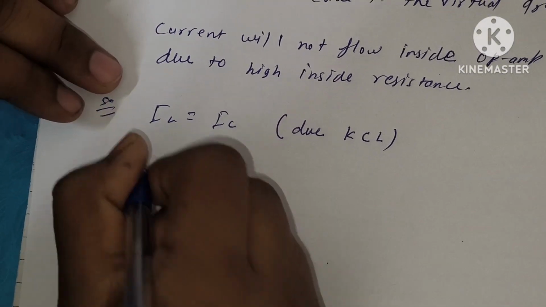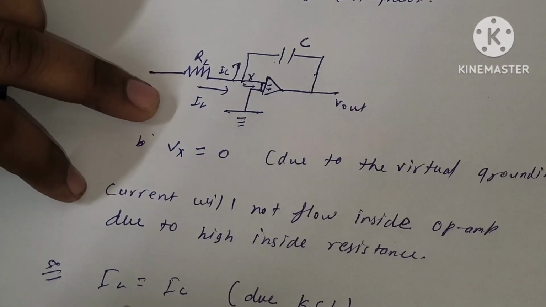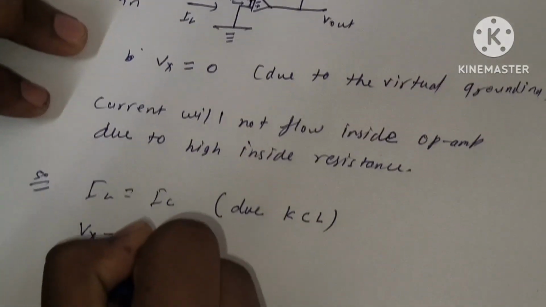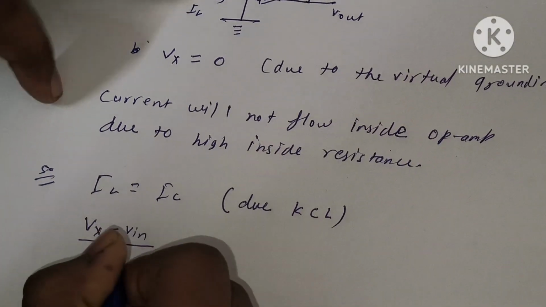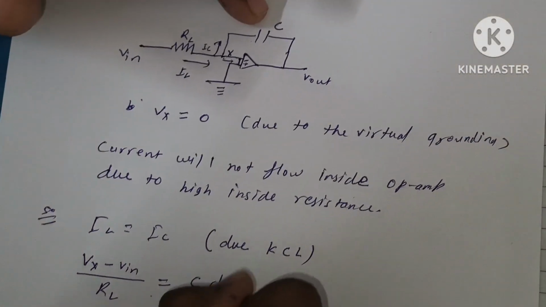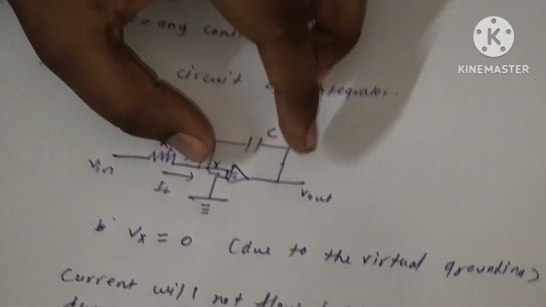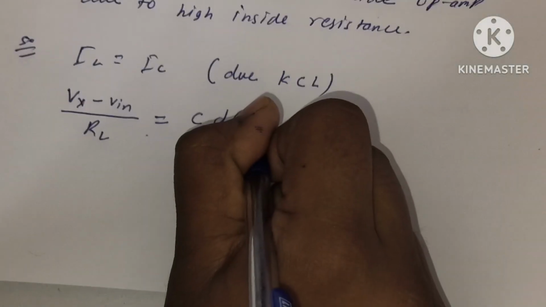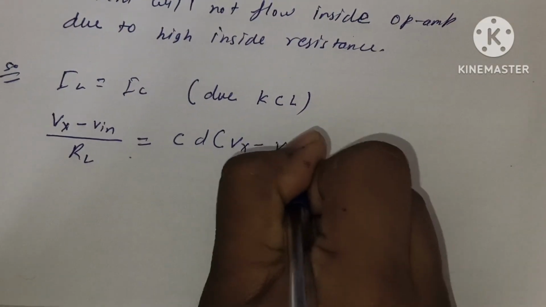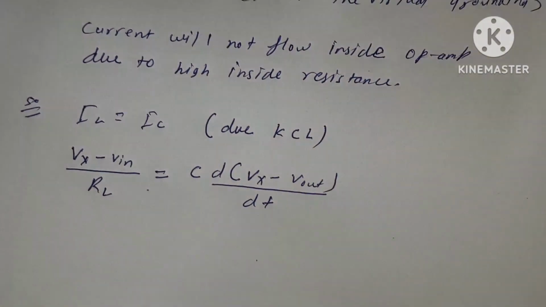IL means (Vx minus V in) by RL is equal to the current through the capacitor, which is C times the change in the voltage between V out and Vx, that is d(Vx minus V out) by dt.